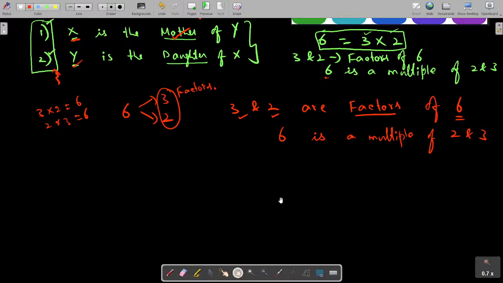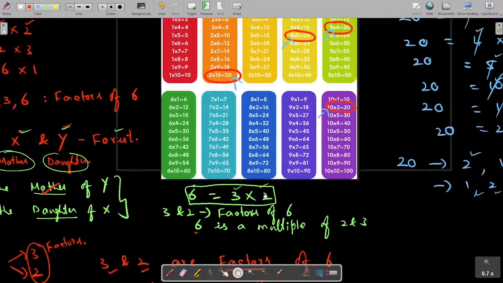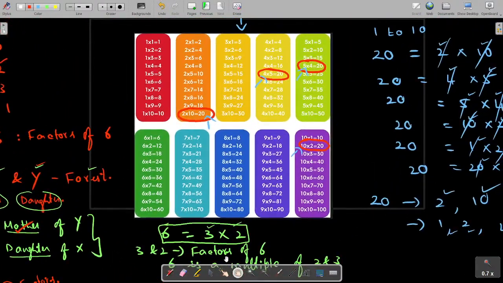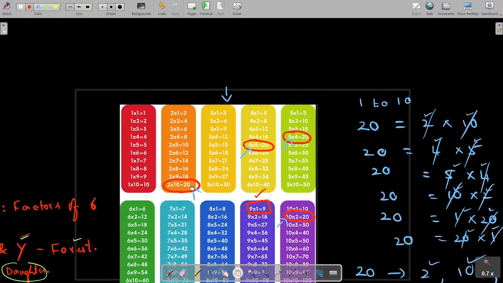See, in the multiplication tables, if I ask you this one, 9 into 1 is equal to 9. Express in two lines, one with respect to factors and one with respect to multiples.